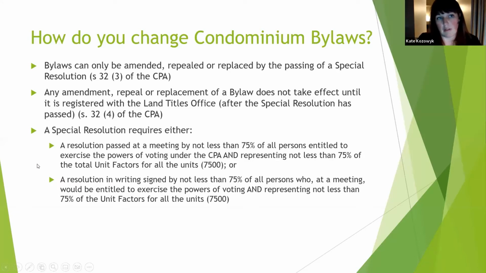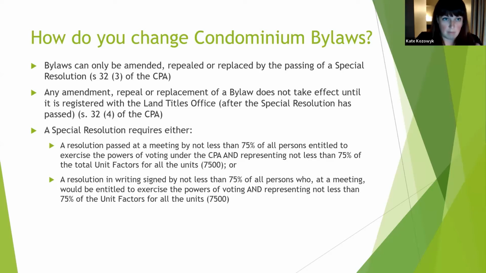You could, however, in another 10-unit complex have, for example, 5 bigger units that have 1,500 unit factors each, and 5 smaller units that have only 500 unit factors each. So in this case, if you had all 5 smaller units vote in favor and 3 of the bigger units vote in favor, you'd have 8 out of 10 units voting in favor, but you'd only have 7,000 unit factors voting in favor.